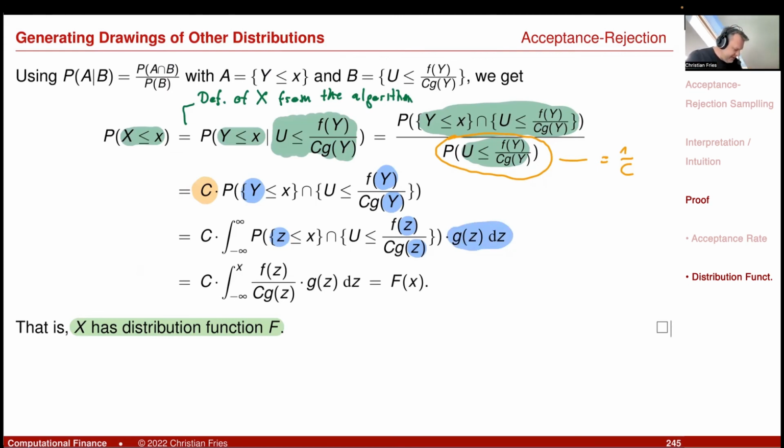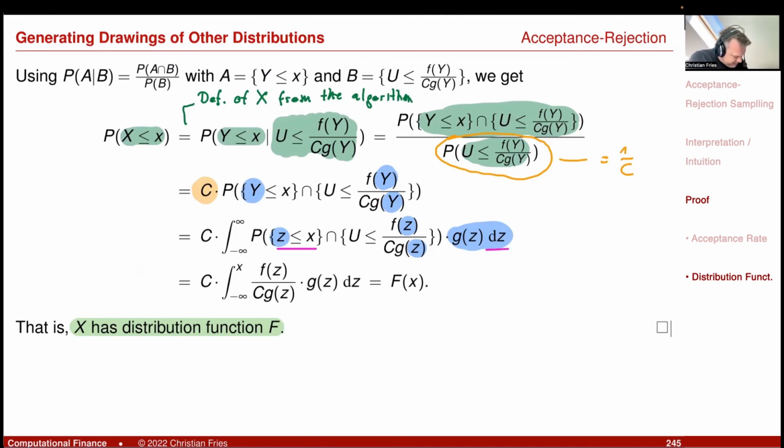So what's inside here? The z where z is less or equal x. But I'm integrating over all possible values of z.